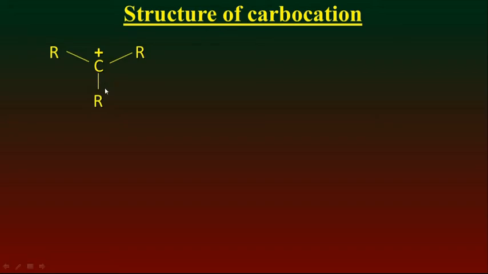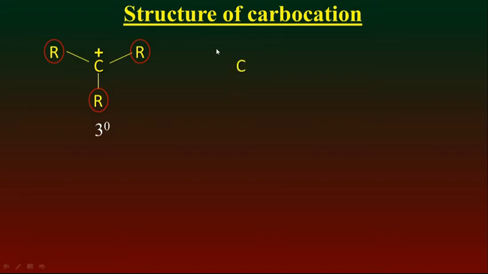So this carbocation is called tertiary carbocation because three alkyl groups are present here. This is one alkyl group, this is another, and the third alkyl group is here. So the total number of alkyl groups bonded to the positive carbon is 3, so it is called 3 degree or tertiary carbocation.